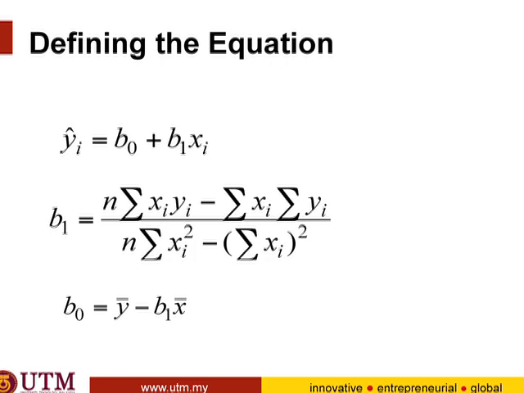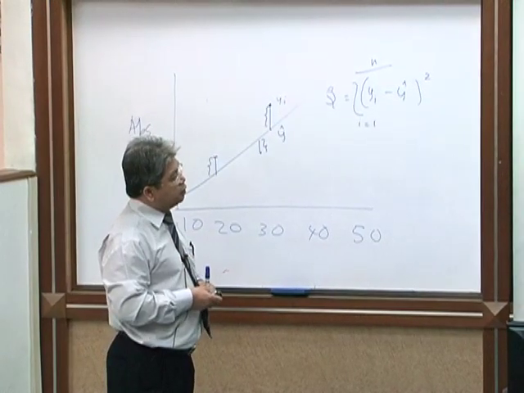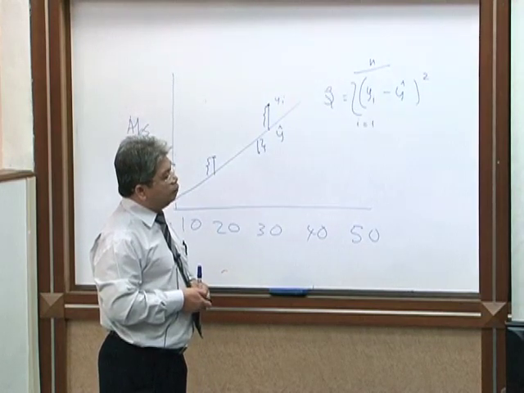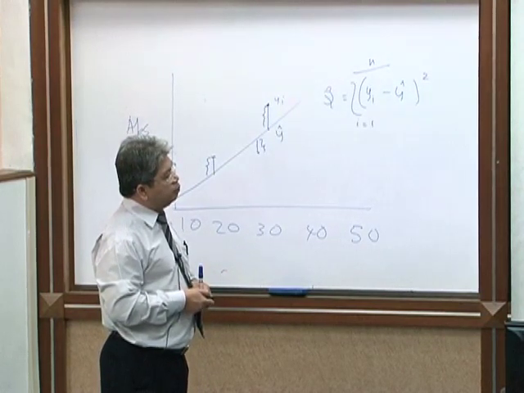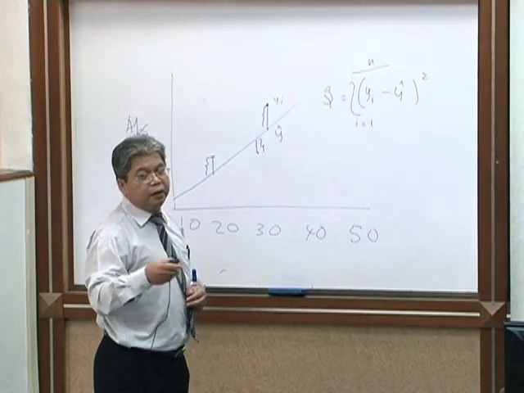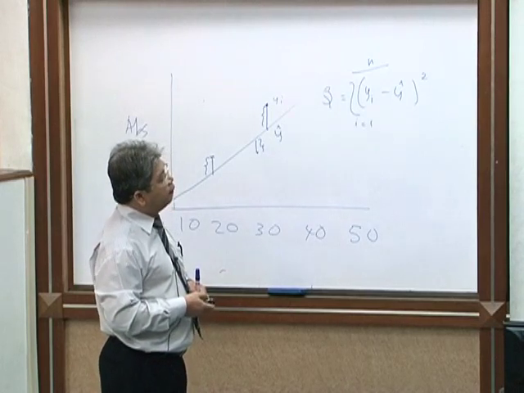This is the equation for how we can calculate B0 and B1. I don't want to go through the derivation of these two values. We just use it. Once we get B0 and B1, we can save the two values and use them for prediction purposes.